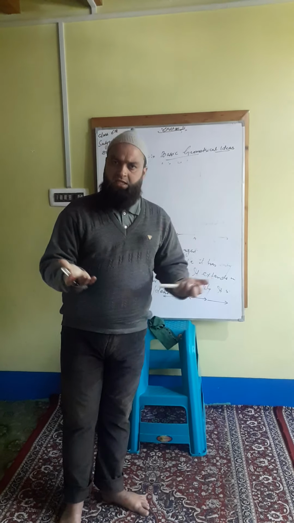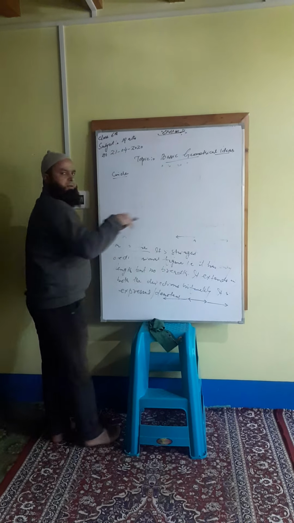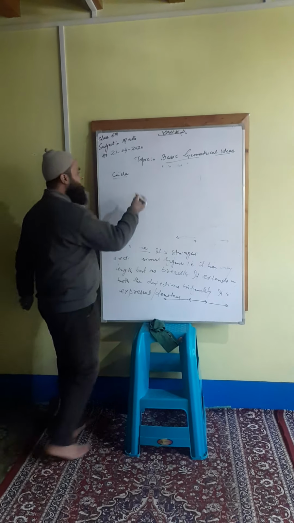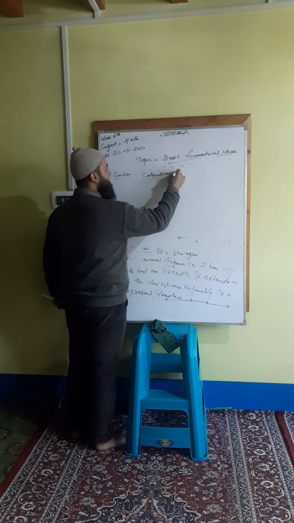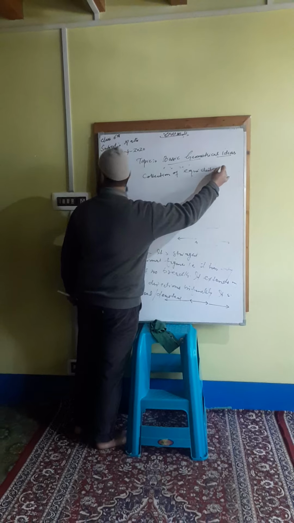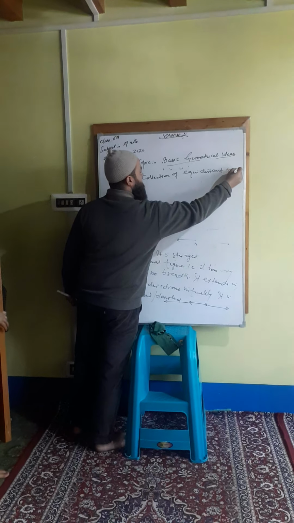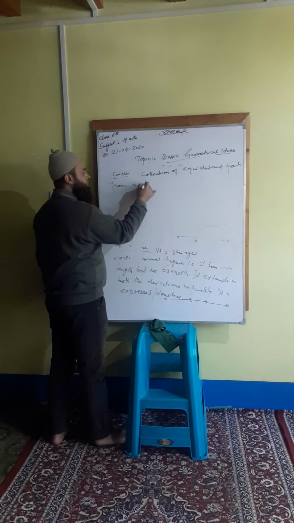It is breadthless and lengthless. So, a circle can be defined as a collection of equidistant points from a fixed point.